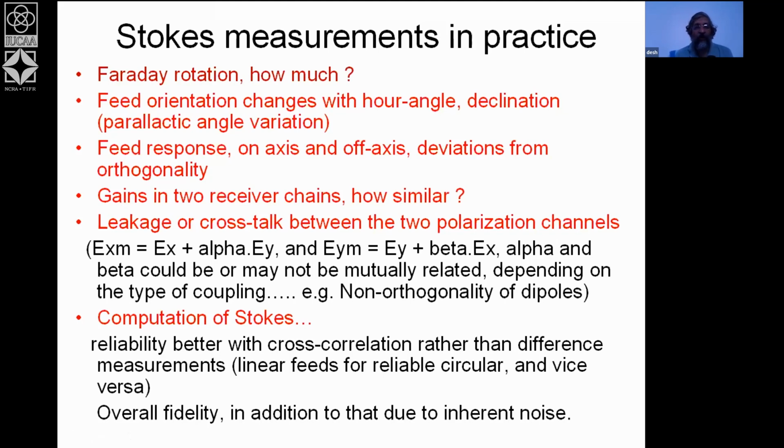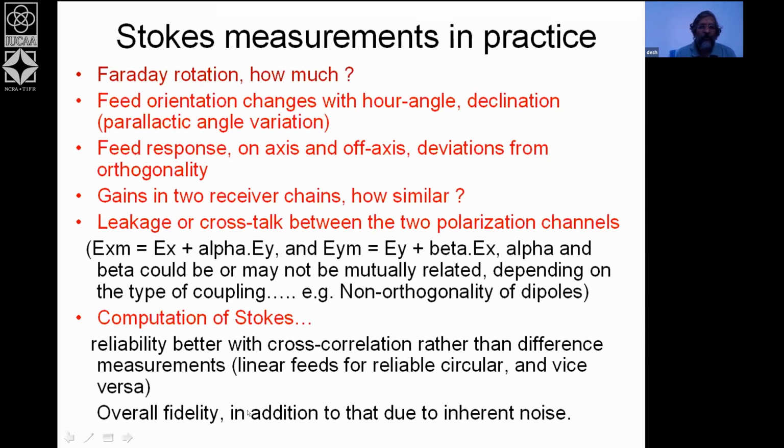If there is any crosstalk... ideally, I want to measure them without mixing them, having gotten them as orthogonal components. But if there is any mixing, you will find that a bit of Y has gone into X and a bit of X has gone into Y. And that can easily happen in the simplest example, where the two sensors that are supposed to be orthogonal are not orthogonal. They are at a different angle than 90 degrees.